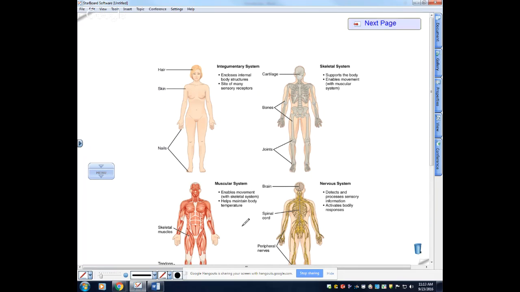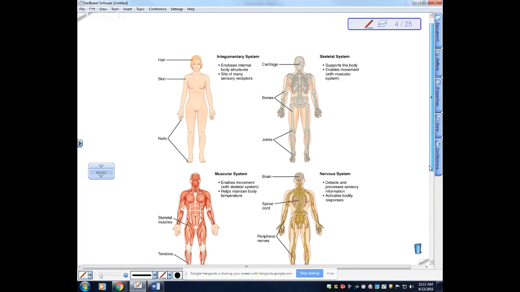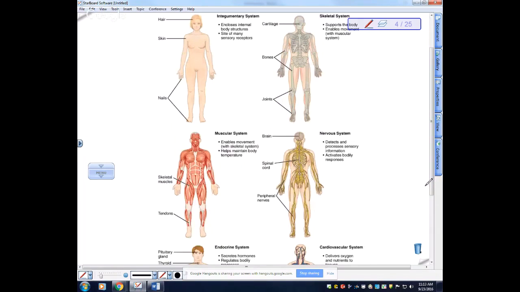So in your book, it would probably be a good idea to review just briefly the different systems in the body. And you probably have some background in understanding these. So here are just a few of them. What does the muscle system allow you to do? It helps with movement, but also, interestingly, and we're going to talk about this today, homeostasis, which is the maintenance of temperature.